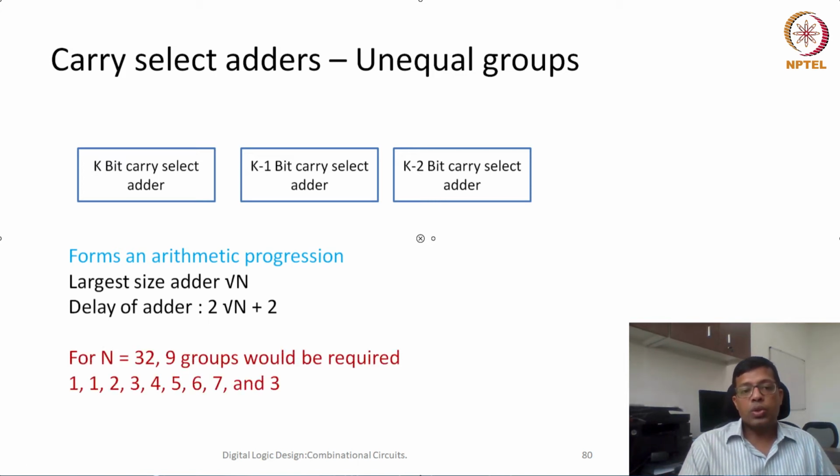Now if n equals 32, these are going to be the groups. We start with 1, 1, then 2, then 3, then 4, then 5, then 6, then 7, and whatever remaining would be given to the last group, which is 3.